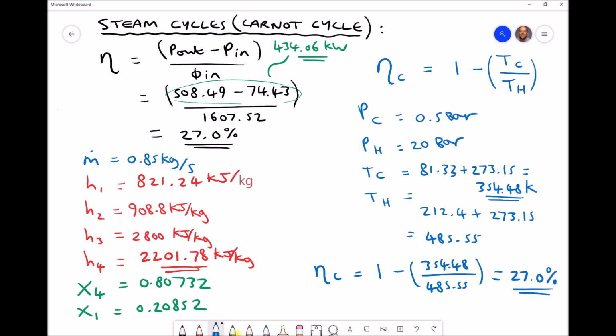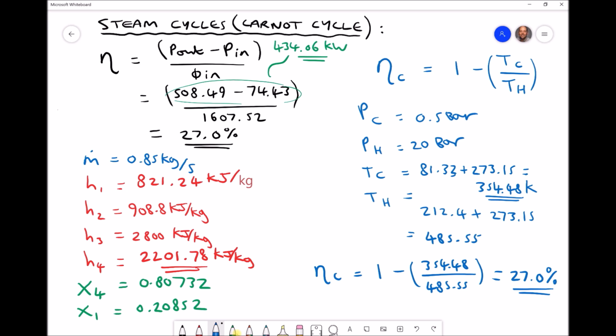So just to summarise, in this video tutorial, we were asked to determine the energy transfer at each stage during our Carnot cycle. But before we were able to do that, we needed to determine the enthalpy at positions 1, 2, 3 and 4. Finding some of those enthalpies was relatively straightforward, but in other instances we had to determine the dryness fraction before we were able to determine the enthalpy.